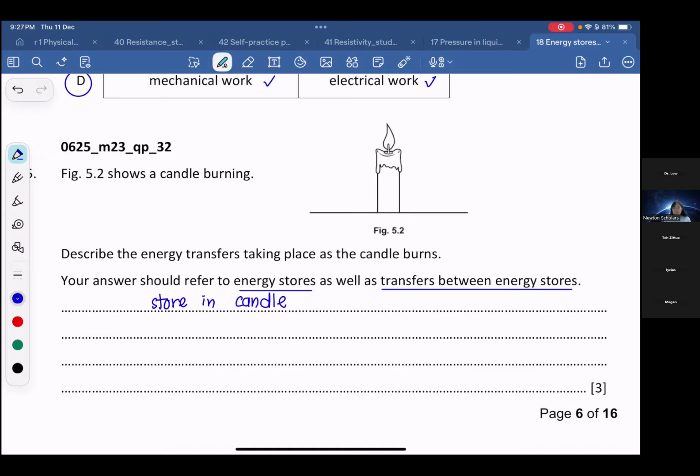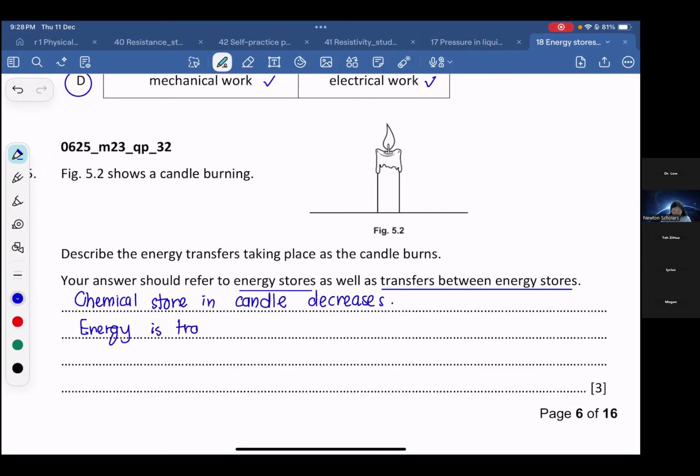Zihua correct. Candle, chemical. When it burns, the chemical store in the candle will start to decrease. Energy will transfer. Transfer to what? Can you guys try?